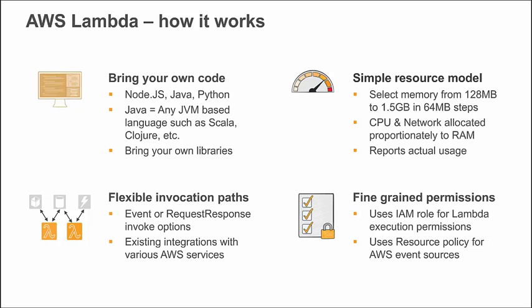We use very fine-grained permissions for AWS Lambda using the IAM roles for execution permissions, and you can use resource policies for AWS event sources to control which event source can invoke the Lambda function.